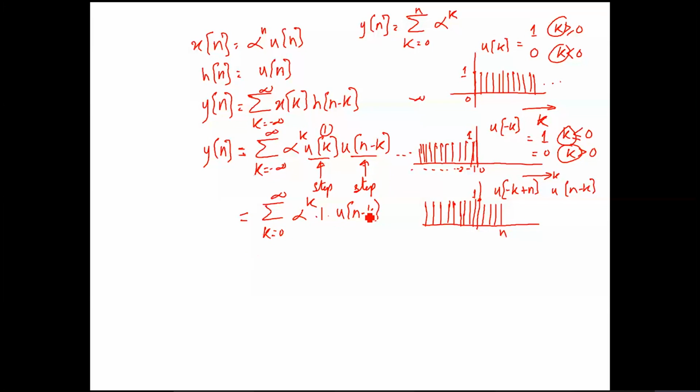And then we take this second step signal. Now in the summation, the range of k available to us is from 0 to infinity. From 0 to infinity, this is your u of n minus k. We see that from 0 to n its value is 1, and from n plus 1 to infinity its value is 0.